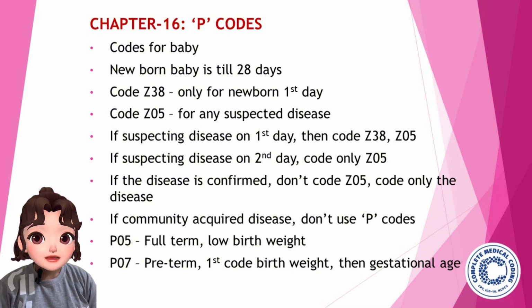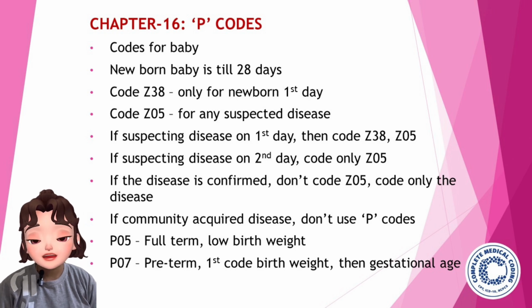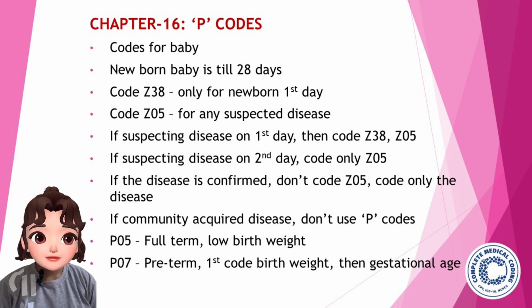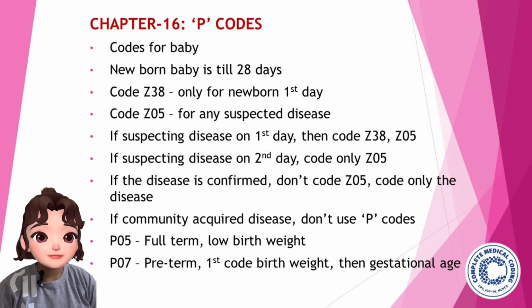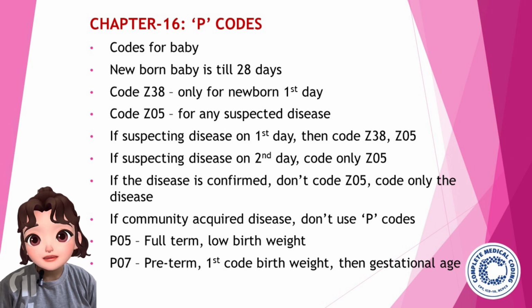If the suspected disease is on the second or third day, from the second day onwards, you have to code only Z05, the suspected disease code. We will not use the Z38 code. Now, if the disease is confirmed, don't use Z05. Code only the disease, because it is not suspected, it is confirmed.